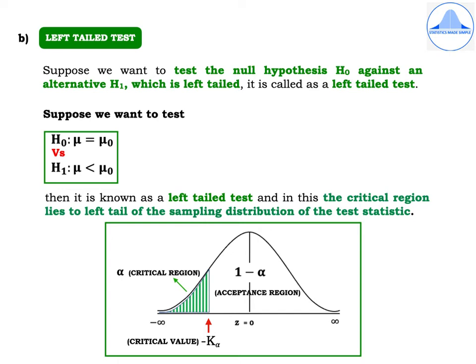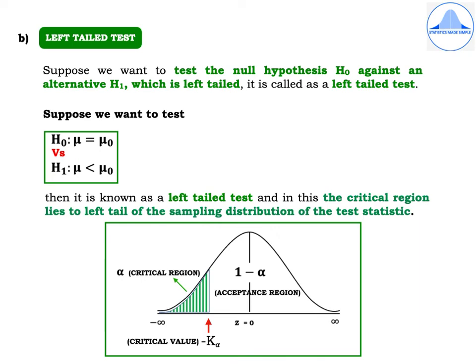In this case, the critical region lies in the left tail of the sampling distribution of the test statistic. Again, here I have considered a standard normal curve where the center line is z equal to 0 and the extremities are minus infinity and infinity.